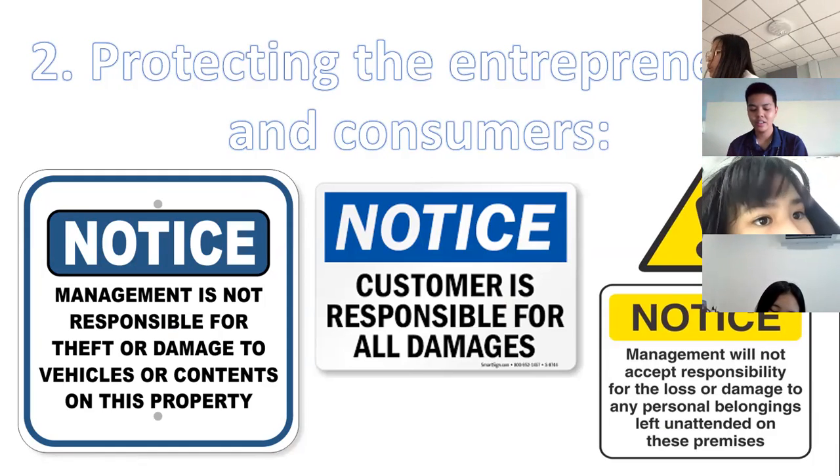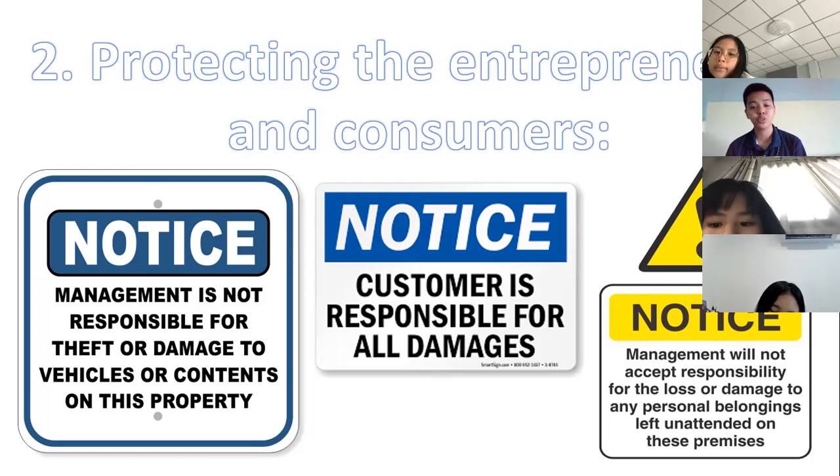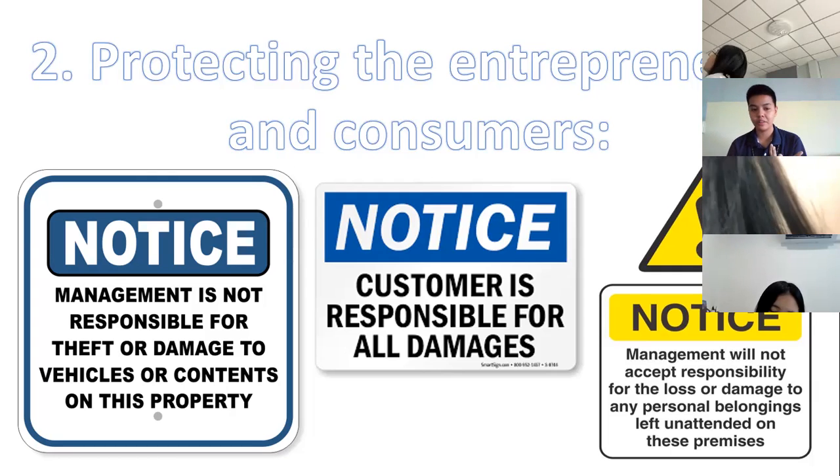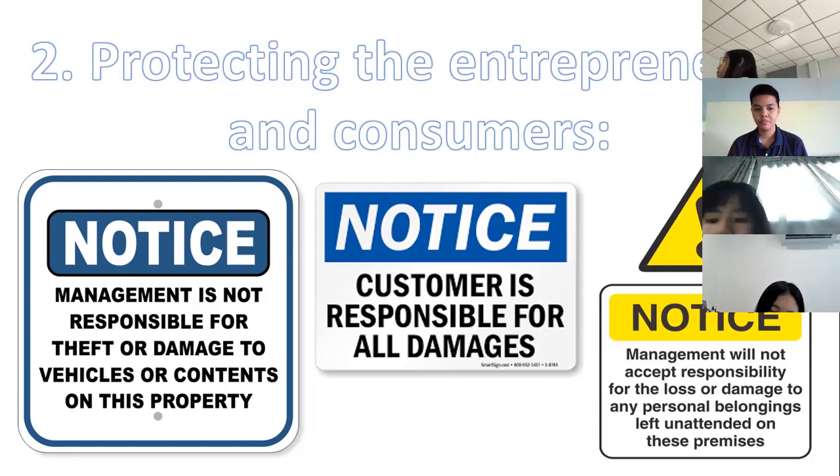Okay, so this act, 2551 BE, is going to protect the entrepreneurs and consumers. Not only consumers, but also the businessmen and businesswomen. Protect from what? Protect from damages, from harmful products.